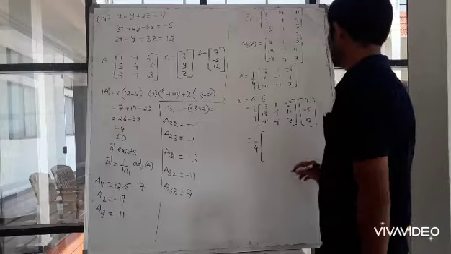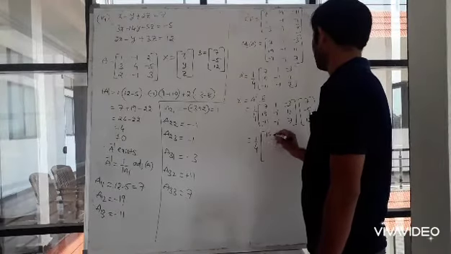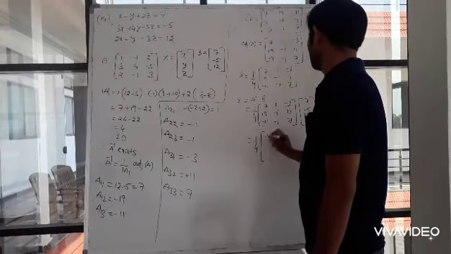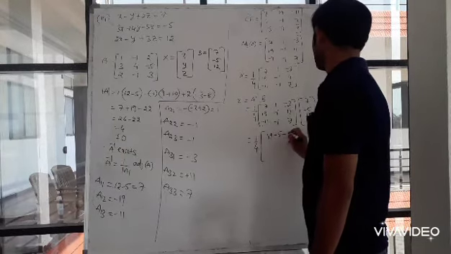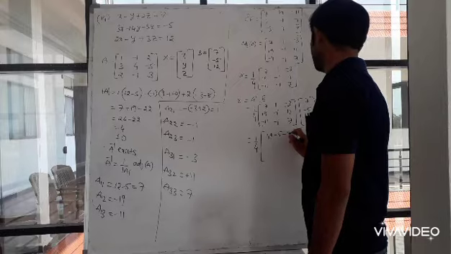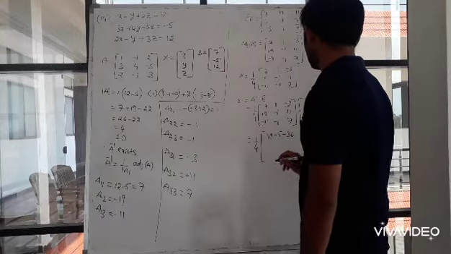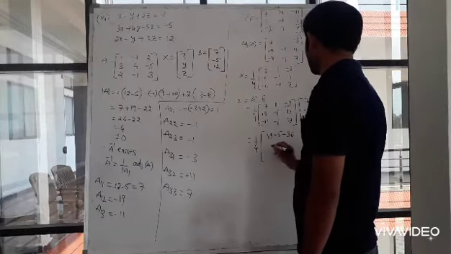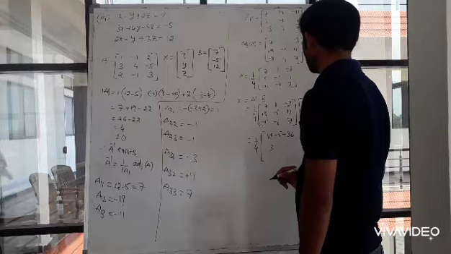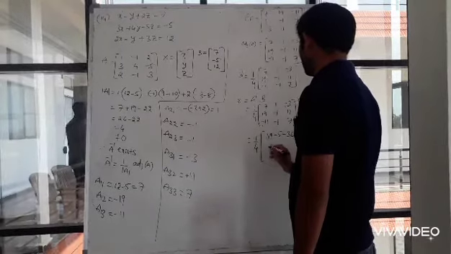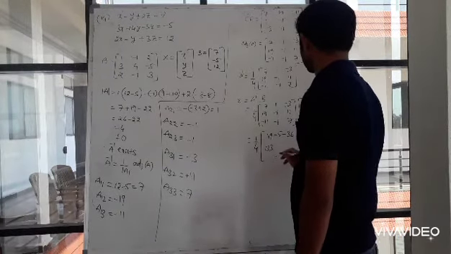Multiplication. 7 sevens are 49. -5 minus 36, 12 threes are 36. Next, 19 sevens are 133.